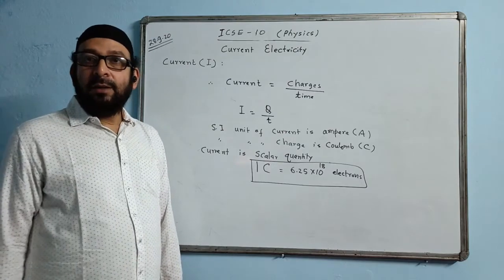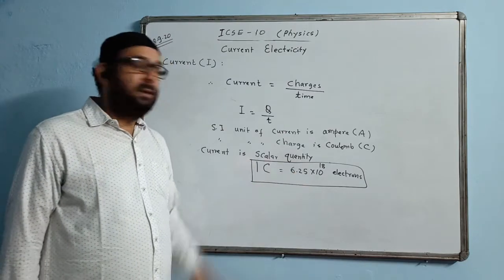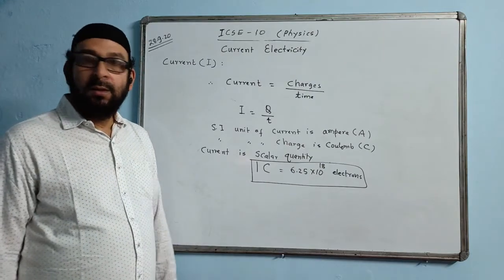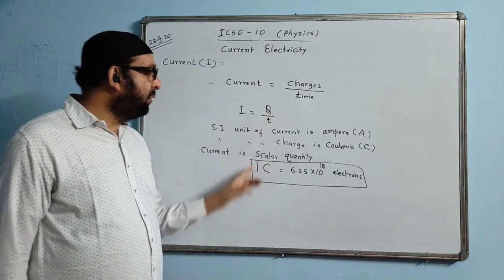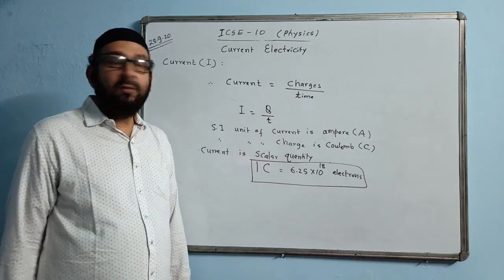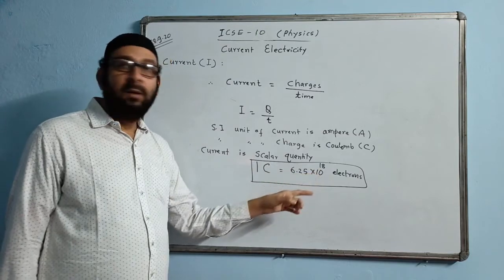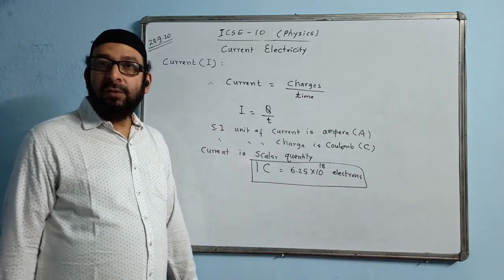In 10 coulombs, 10 multiplied by this. Whenever you have to find the number of electrons, you must find the value of Q in coulomb, and then multiply it by this number to get the number of electrons flowing.